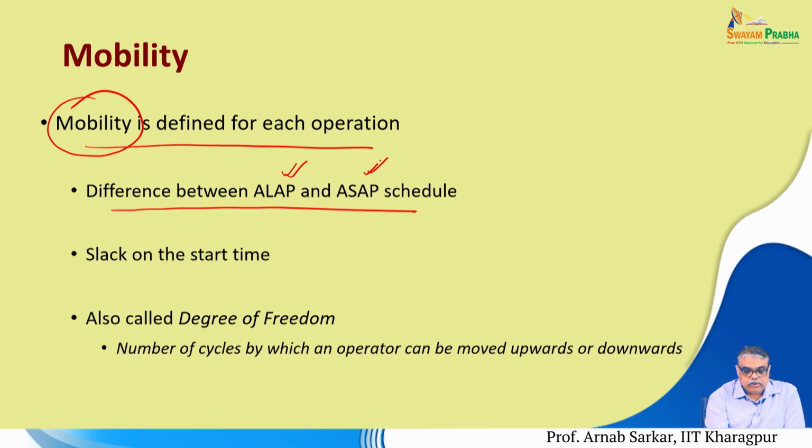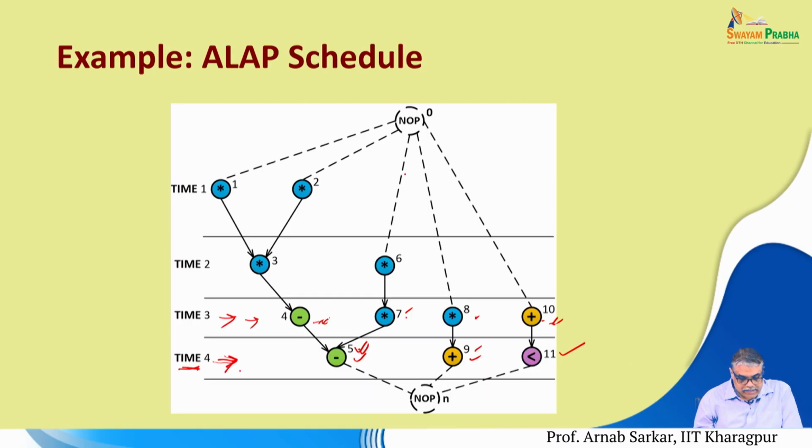Let us say the ALAP time says that the 7th node can be executed fully, because it takes only one time step, at time step 3.